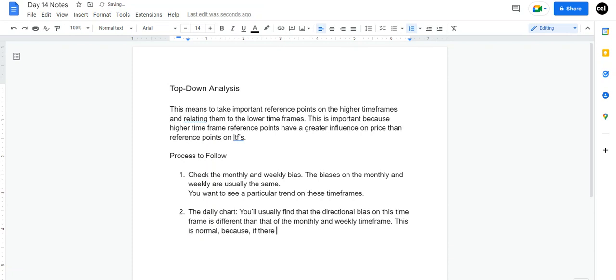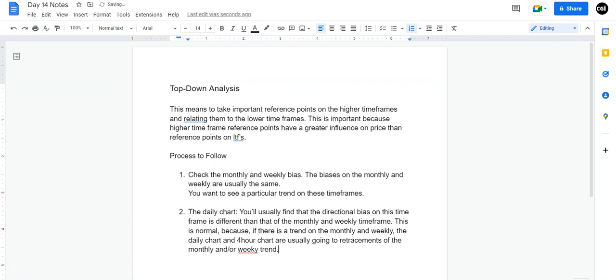This is normal, because if there is a trend on the monthly and weekly, the daily charts and 4 hour charts are usually going to show retracements of the monthly and/or weekly trend.